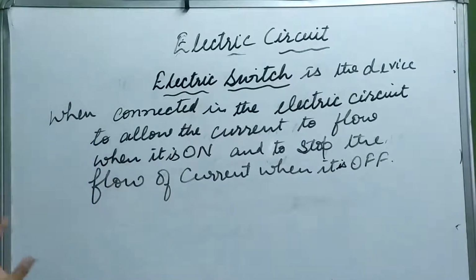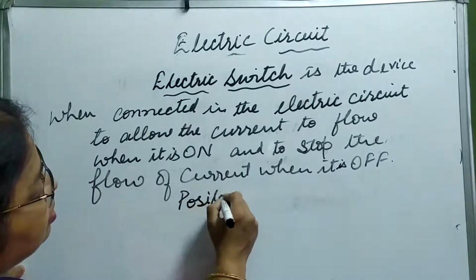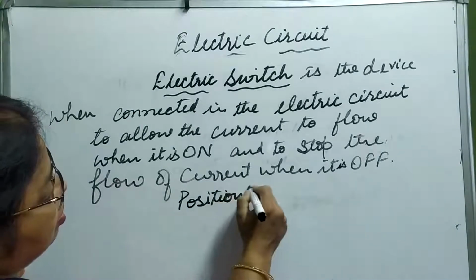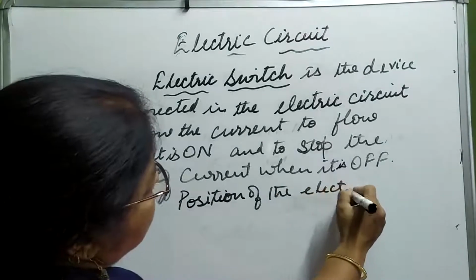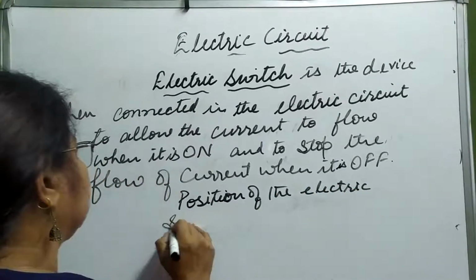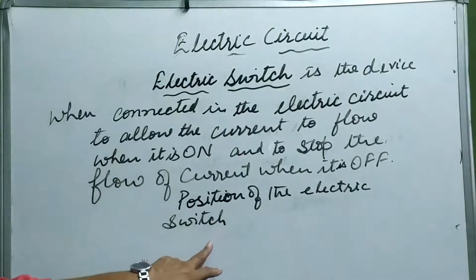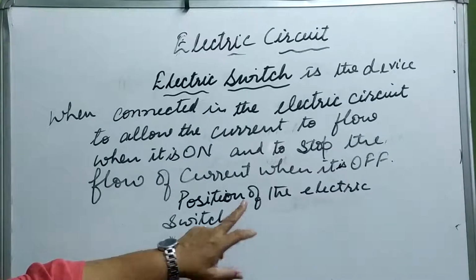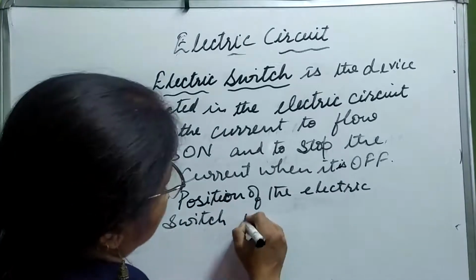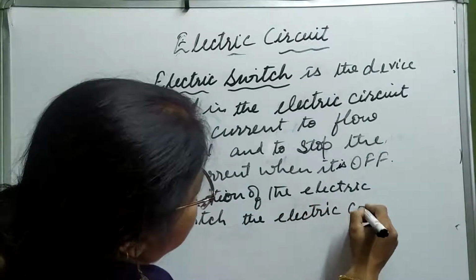Fine. Now it depends upon the position of the electric switch. According to the position of the electric switch, the electric circuit can be of two types.